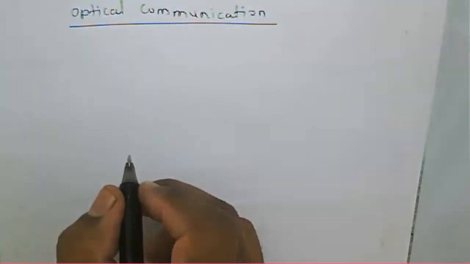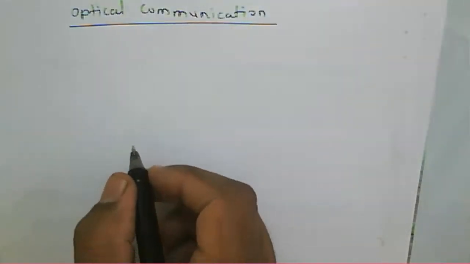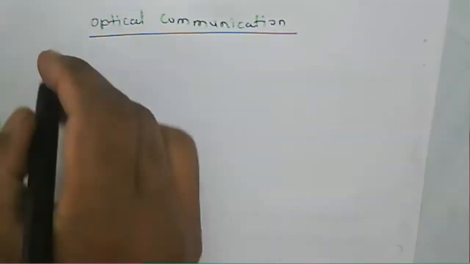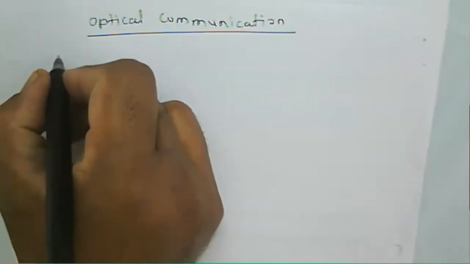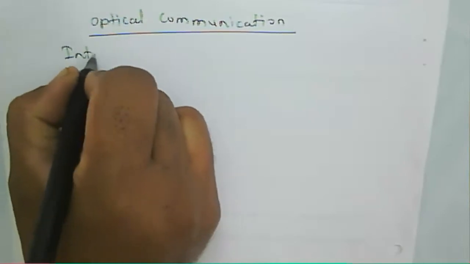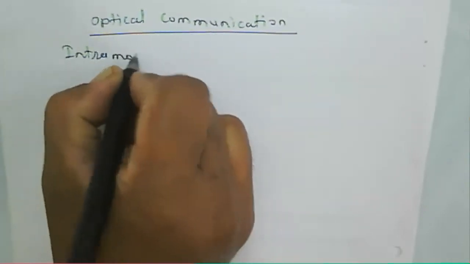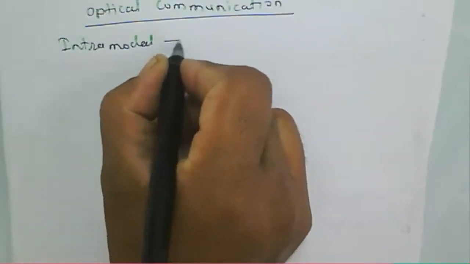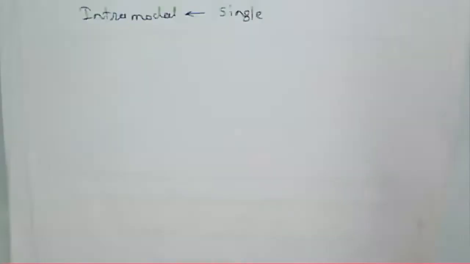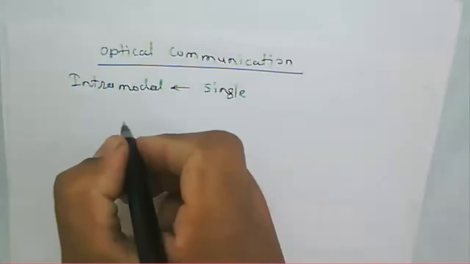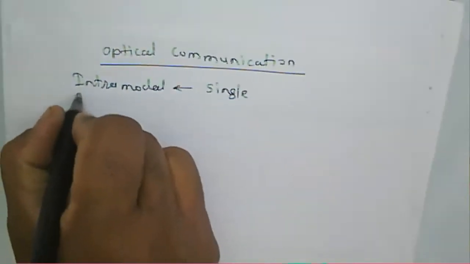Today we will learn about polarization mode dispersion. So we have seen intermodal dispersion and intramodal dispersion earlier. That is about intramodal dispersion. It will affect the single mode fiber the most.